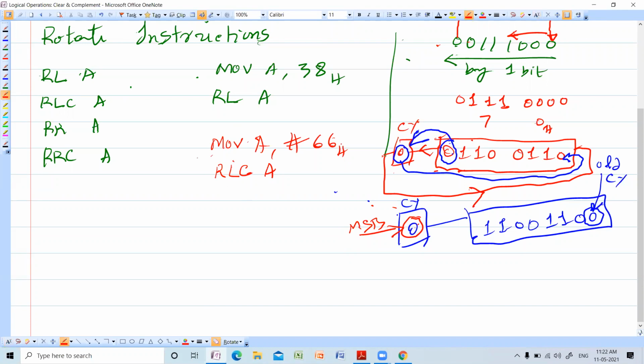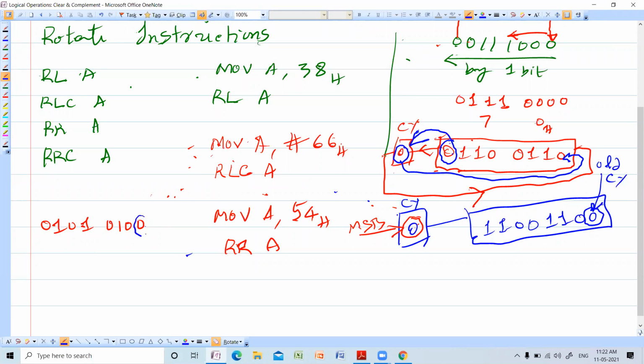Next, RRA. MOV A, 54H, and if you write RRA, now we are writing without carry. What is 54? 0101 0100. You have to rotate right.